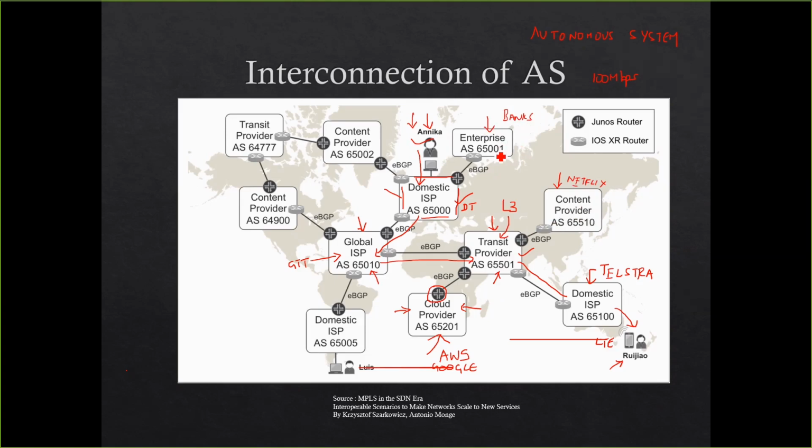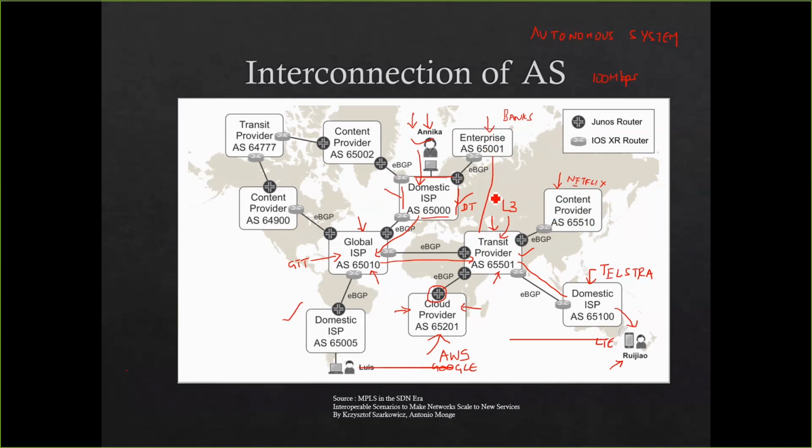So each enterprise will have their own network and they need to be connected to the internet. Either they can get connected to a domestic ISP or an enterprise can also get connected to a transit provider. And once you establish a connection to either a domestic ISP or a transit provider, then it means that your network is connected to the internet. Then many people around the world, say a domestic ISP in South America, might be able to send packets to you or access some servers inside your network and so on and so forth.